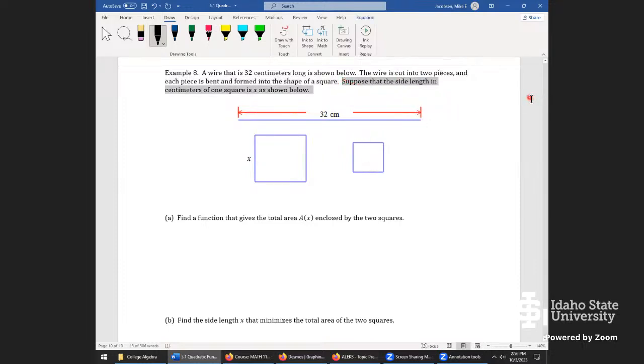They say next, suppose that the side length in centimeters of one square is x, as shown below. And that's all they tell us. So a wire has been bent, it's been cut. We have 2 squares that are being formed out of 32 centimeters. And we're told, find a function that gives total area A of x enclosed by the 2 squares. So that's our setup so far.